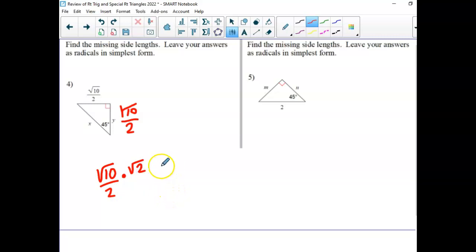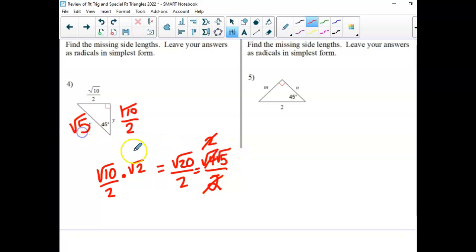Okay, now we've got to use our brains. This becomes the square root of 20 over 2. What is the square root of 20, though? 4 times 5. And what is the square root of 4? This is just 2, so then the 2 divides out, and we're left with a square root of 5.